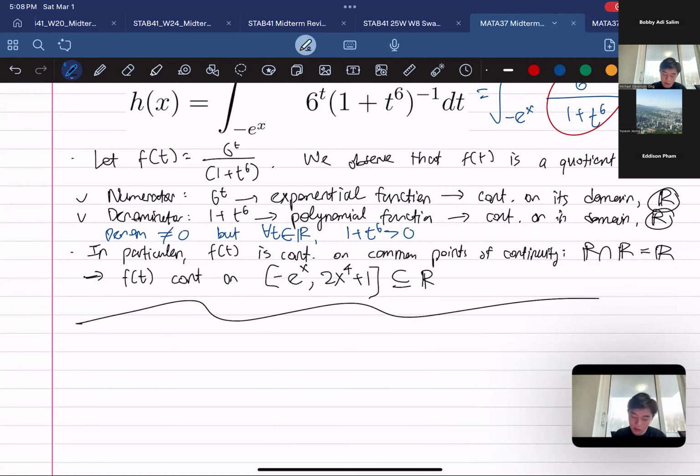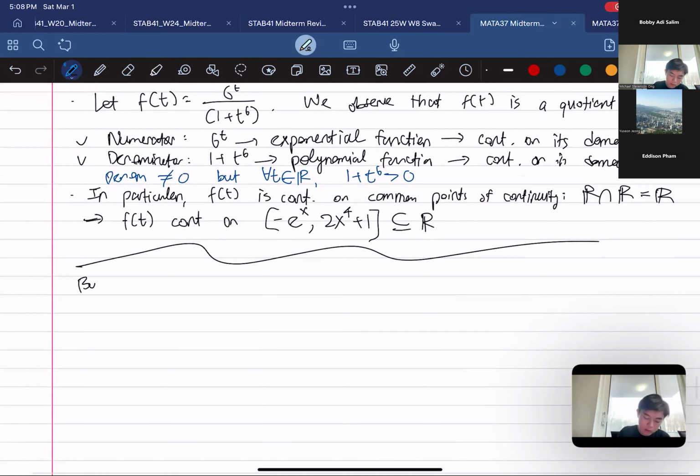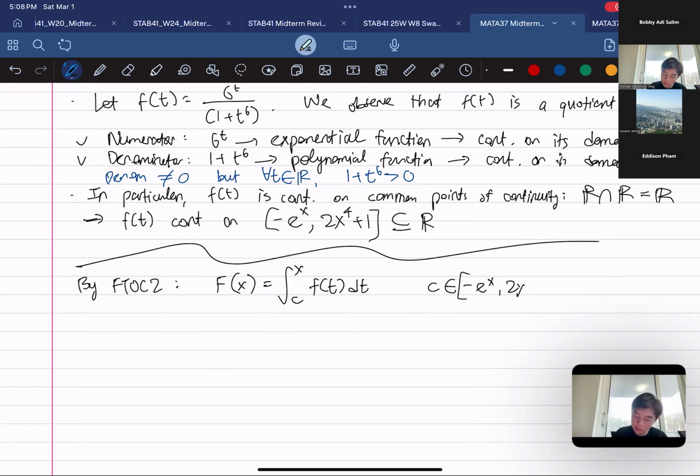Then we can start writing our FTOC2 sentence. By FTOC2, we can define the capital F ranging from C to x, where C, or any constant, is contained inside that interval. And again, that interval is still a part of the real domain.